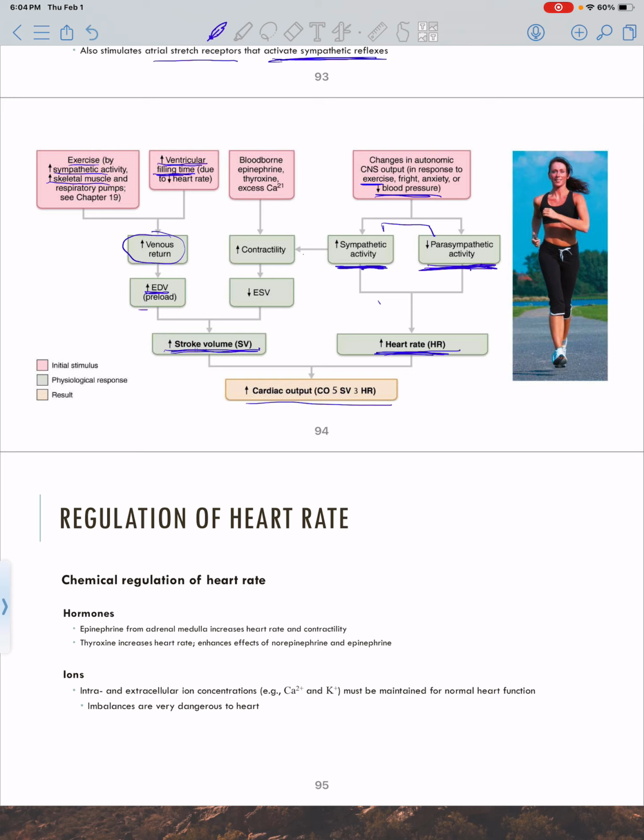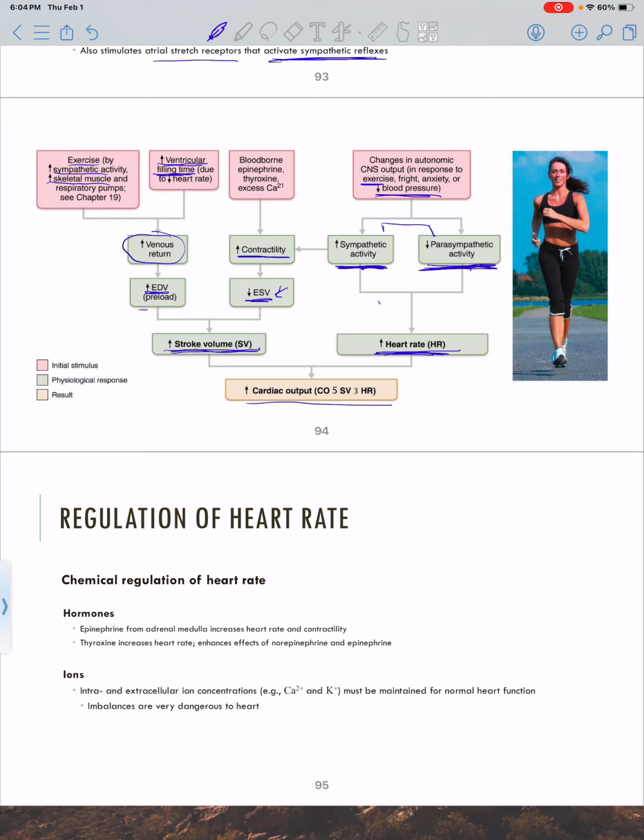If we're talking about lowering our end systolic volume, that's going to increase our stroke volume. End systolic volume is the amount of blood left over in each ventricle after each contraction. How do we do that? We increase our contractility. The stronger our heart muscle is, the more it can contract and push out. The more blood it can push out, the less that's left over at the end of systole.